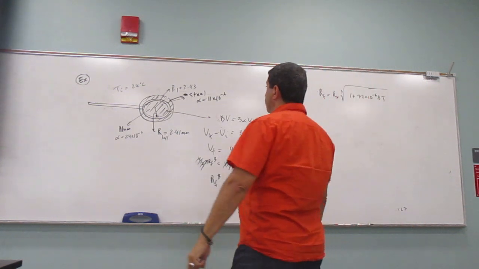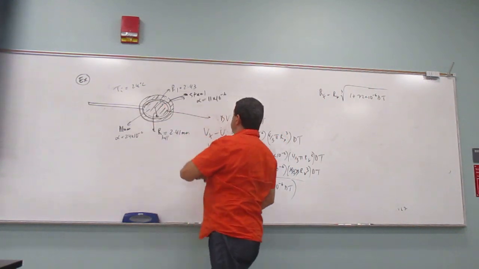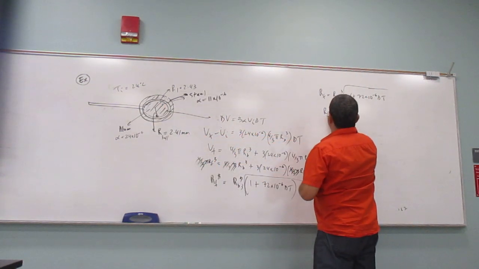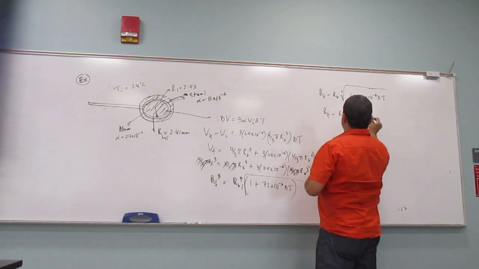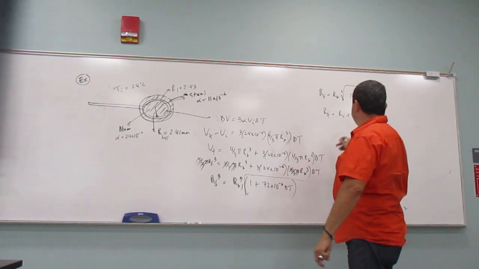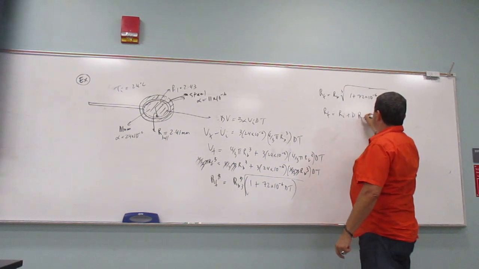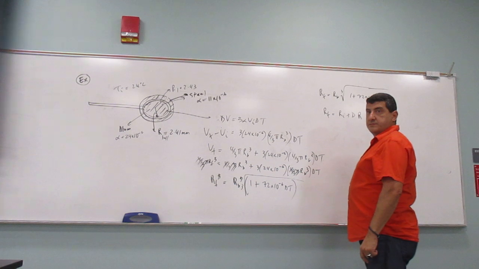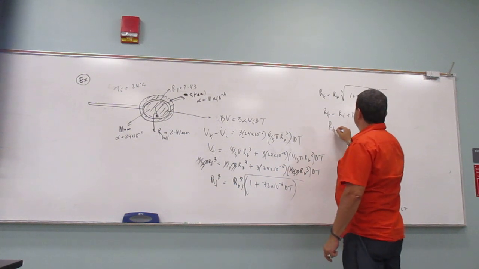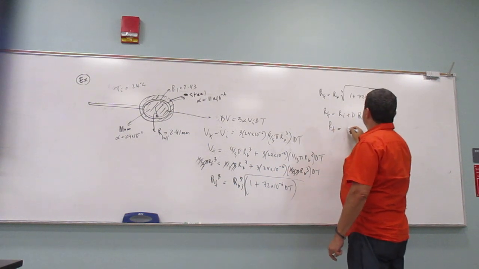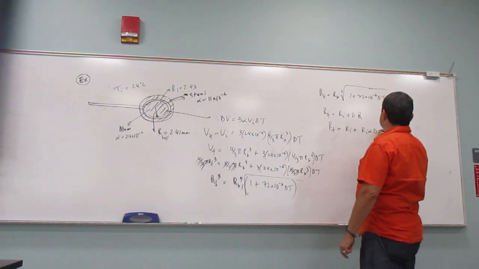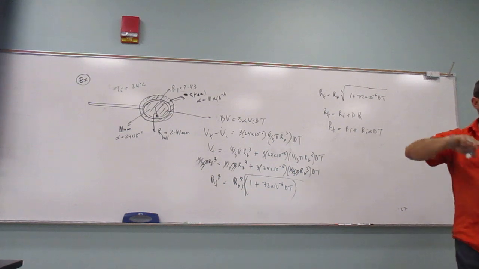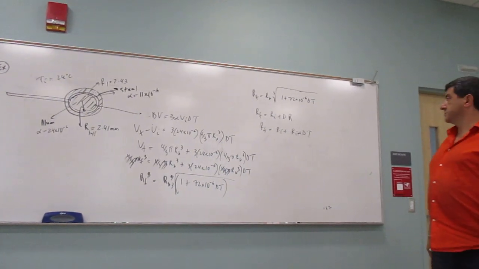I can say the final radius is equal to the initial radius plus delta R, which is R initial alpha delta T. So that one is a more linear equation, right?